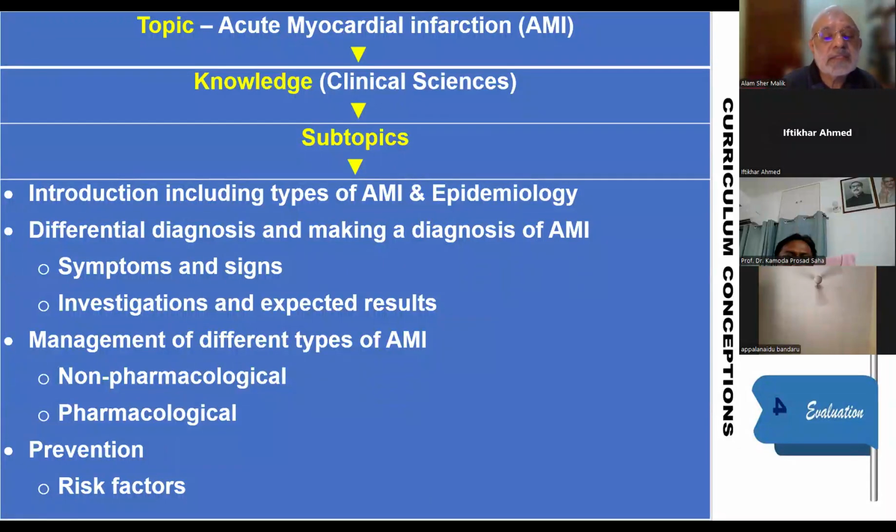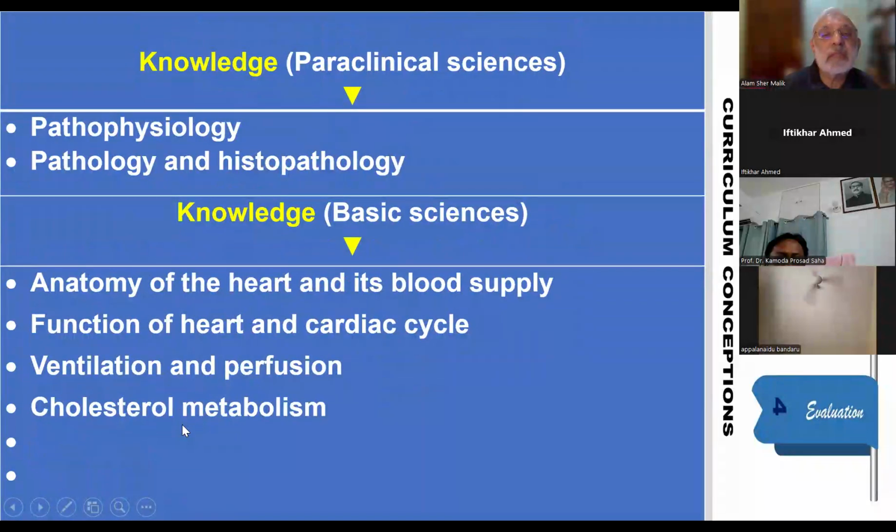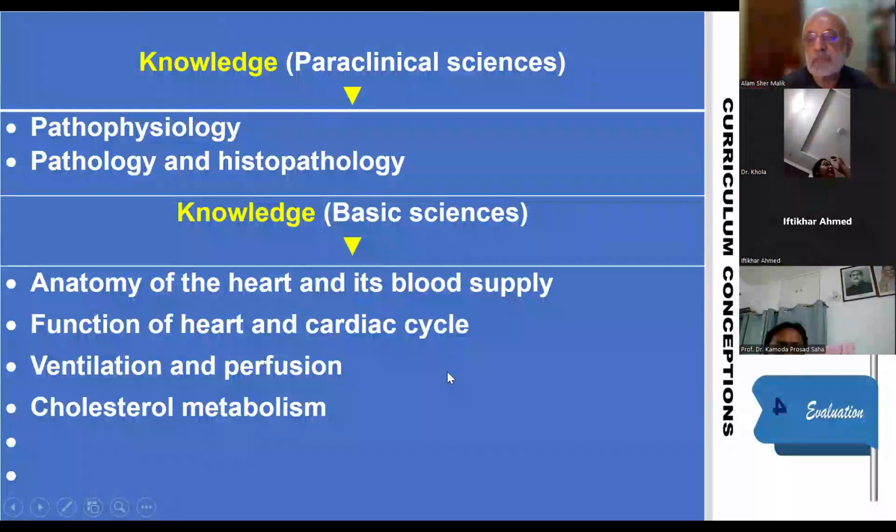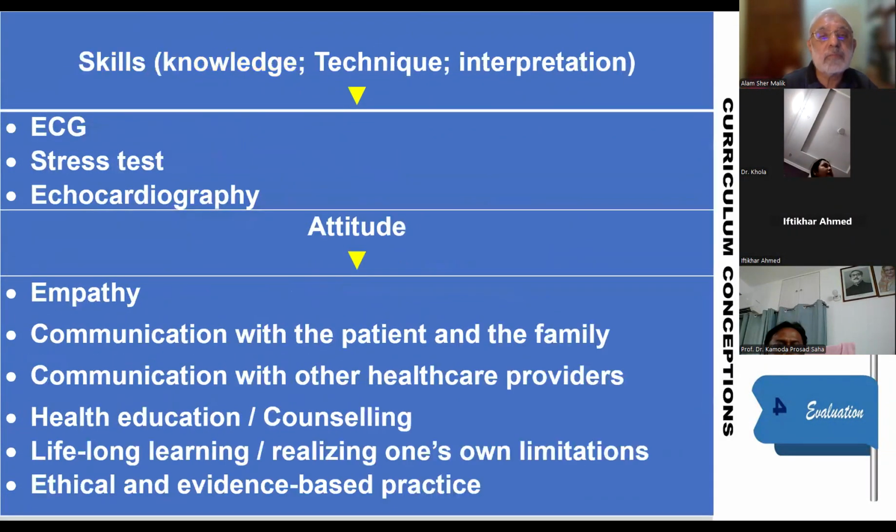The topic, as I mentioned earlier, we have clinical sciences, then we have subtopics, and then we list down those subtopics. Then we have the paraclinical sciences, and we list down the topics under pathophysiology, pathology, and histopathology. Then is the basic sciences of anatomy, physiology, and biochemistry. So we would identify the whole list.